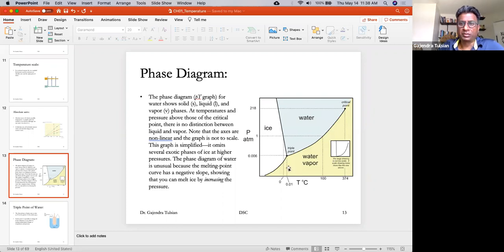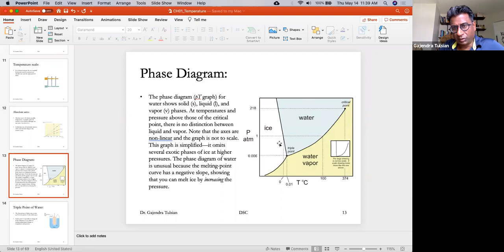Anyway, the phase diagram is extremely important. The phase diagram of water is unusual because the melting curve has a negative slope.